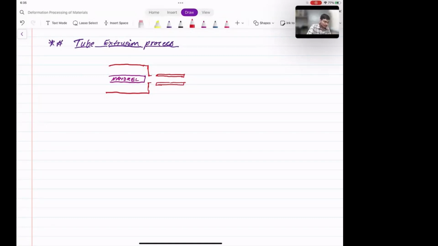This is just to indicate it will appear something like a tube which is hollow.